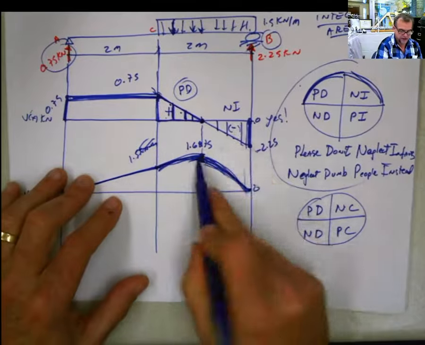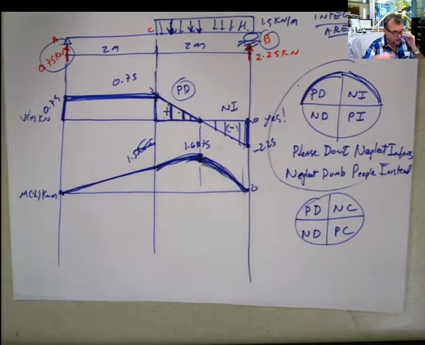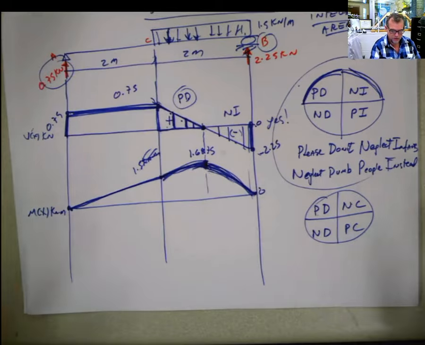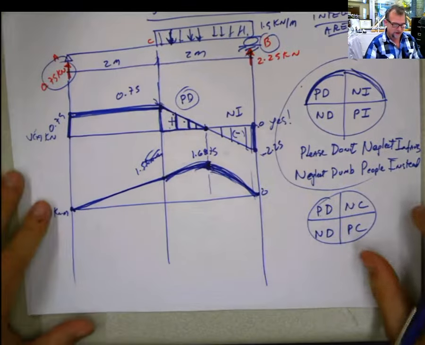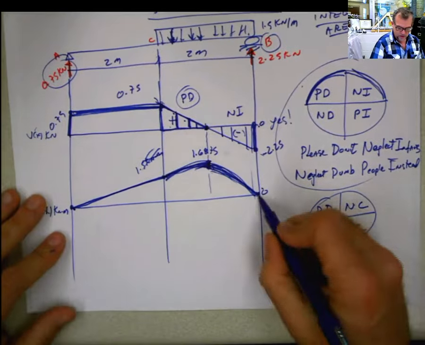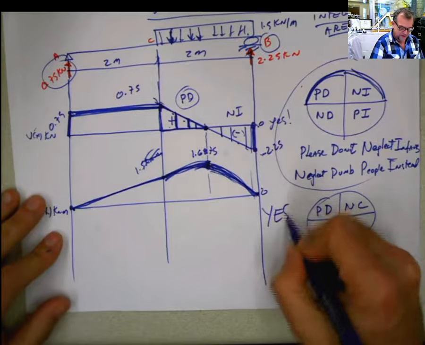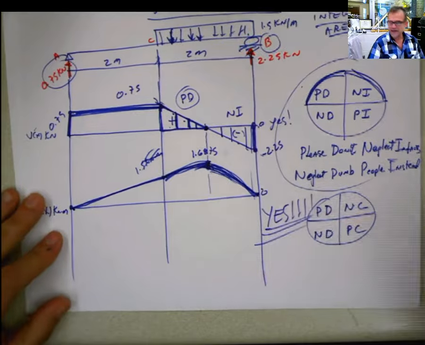Positive decreasing, negative increasing, and forget about inflection points and all of those things. That works also with cubic, fairly good. This is just a graphic method, so you don't need to be that accurate. And that's the way.